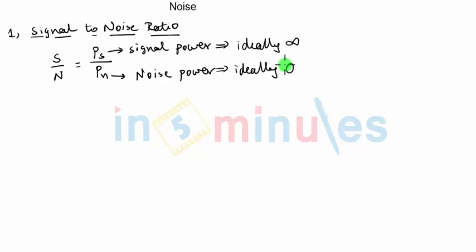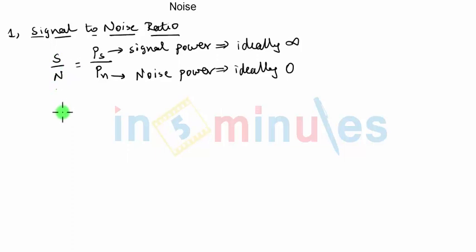We have discussed that before. This noise could be simply due to the thermal noise source, and hence it is not possible to have any component or device with noise power equal to 0. We can only make noise power as small as possible. So practically SNR should be as large as possible. That ensures that the noise is less compared to the signal of interest.